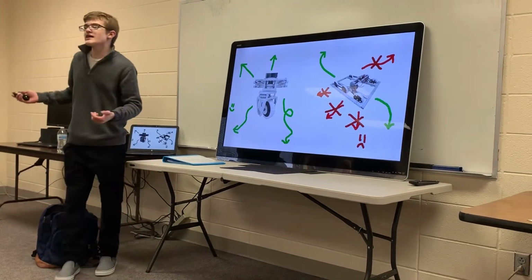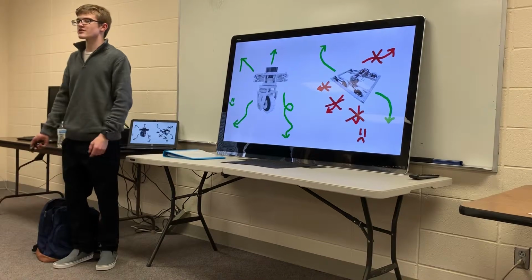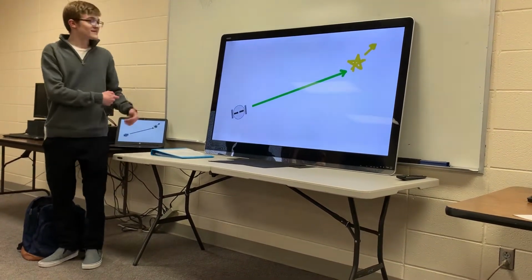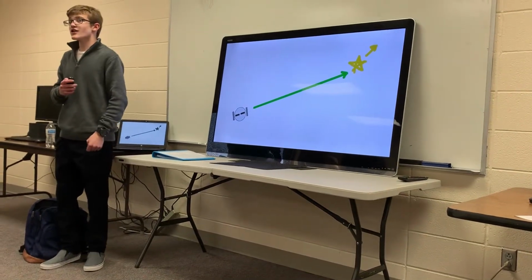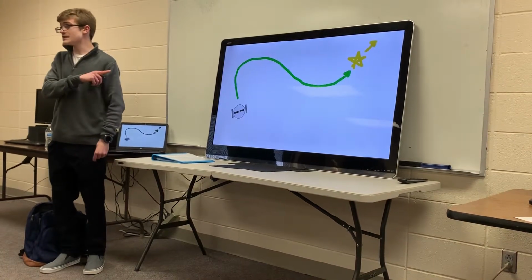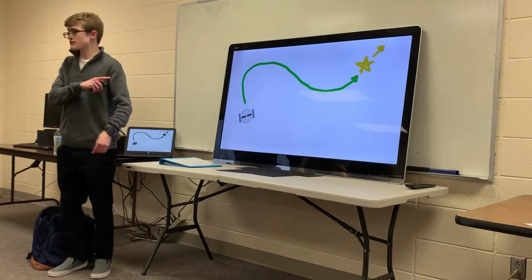So the calculations, if our robot was a swerve drive robot, to get to a target, look like this. We don't get to have that. The calculations for our robot look like that. That is not a fun curve to calculate. I can tell you that from experience.